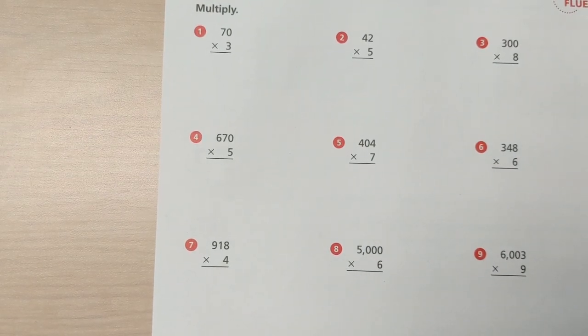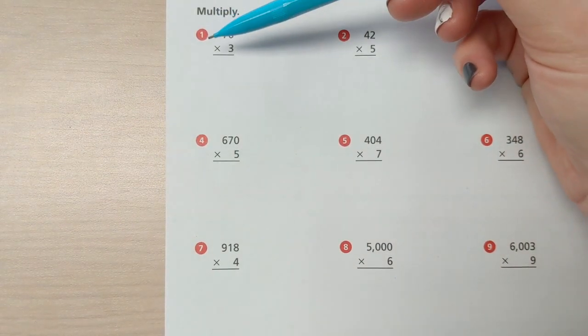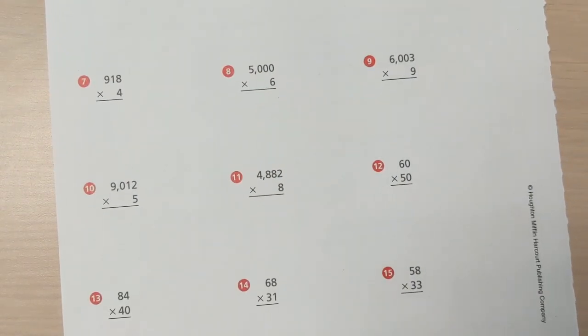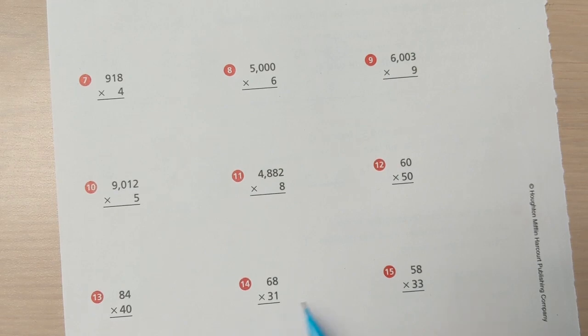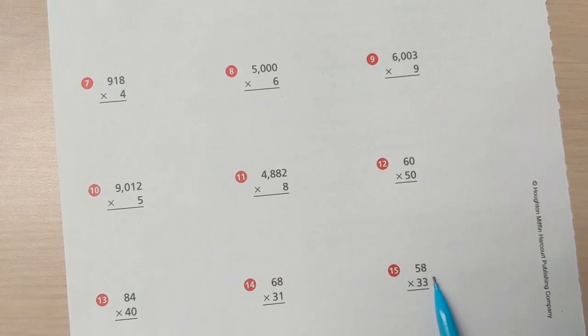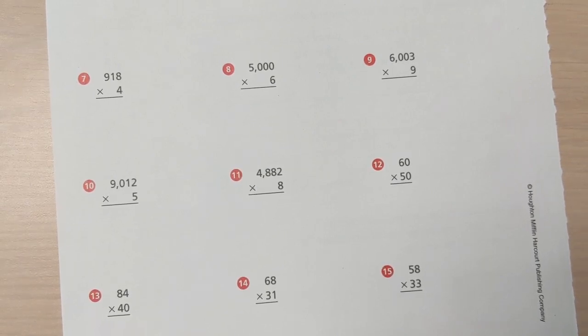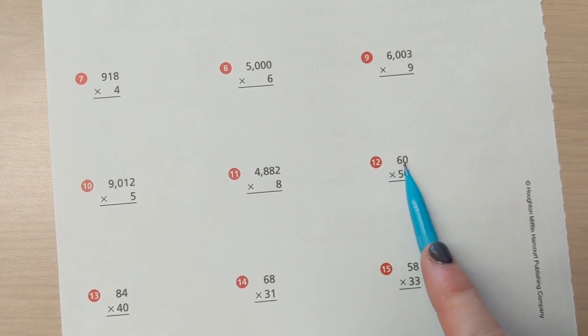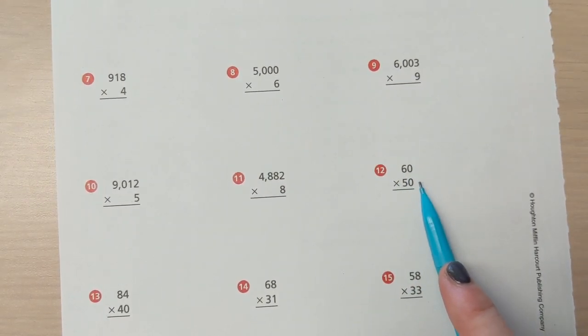It doesn't need to be timed or anything, but you do need to complete all of them, 1 through 15. You can see as you get going, it gets more complicated. The hardest ones are down here, 13, 14, 15, because they're double by double. Make sure that you place a 0 for place value and that you don't forget how to multiply. Some of these with zeros at the end, come on, you can do this really quickly if you use your brain.